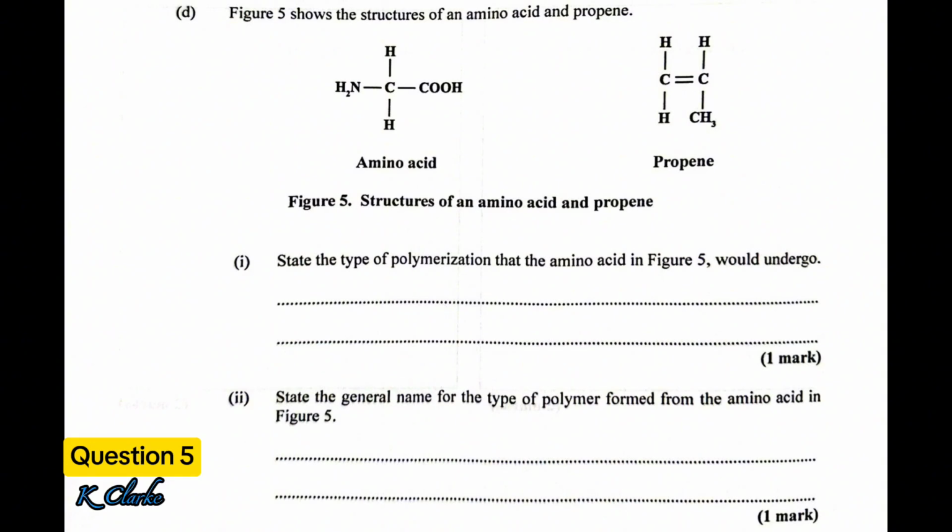The answer is condensation polymerization. Part 2. State the general name for the type of polymer formed from the amino acid in Figure 5. The answer is polyamide.